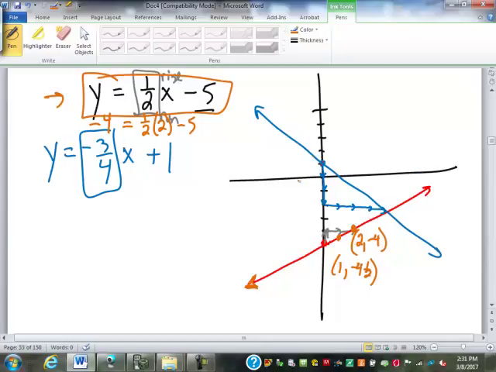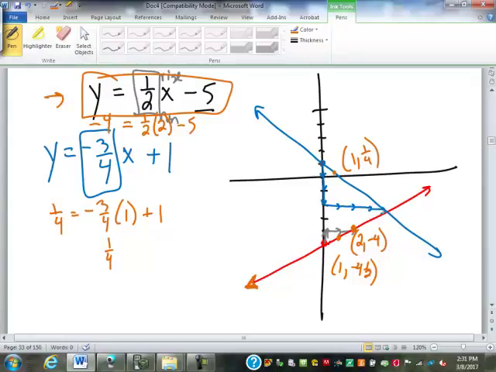Same with the blue line. Let's say I pick the point right here. 1 and 1/4 is what that point would be. If I put that in here, y is 1/4. X is 1. If we did an order of operations, we would find we do get 1/4 on both sides of that equation. That does make that equation true.